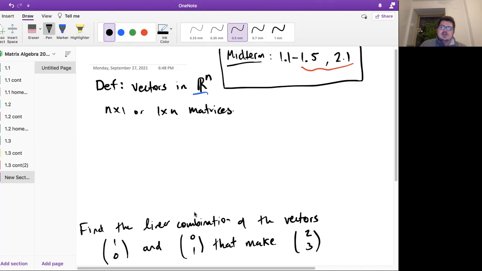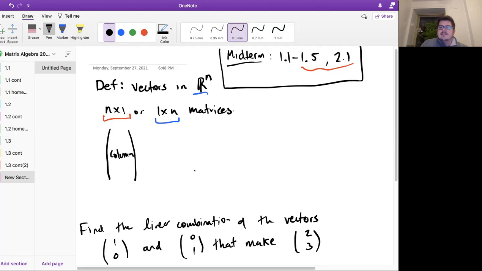So can someone tell me what that looks like? What does n by 1 mean? Can someone give that in terms of rows and columns? How many rows and columns does n by 1 have? Yes, n rows and 1 column. So that looks like a big column, right?